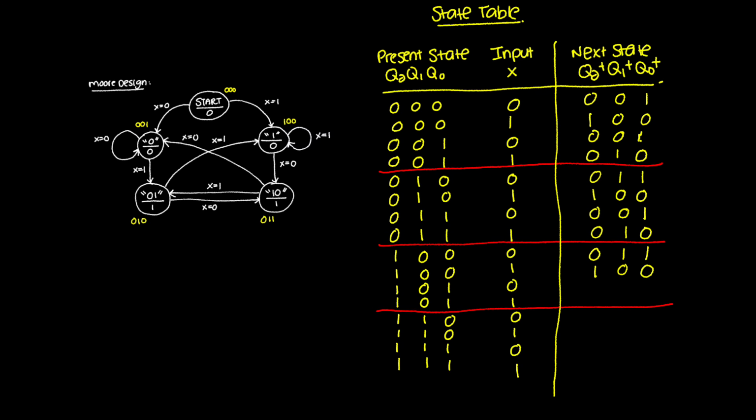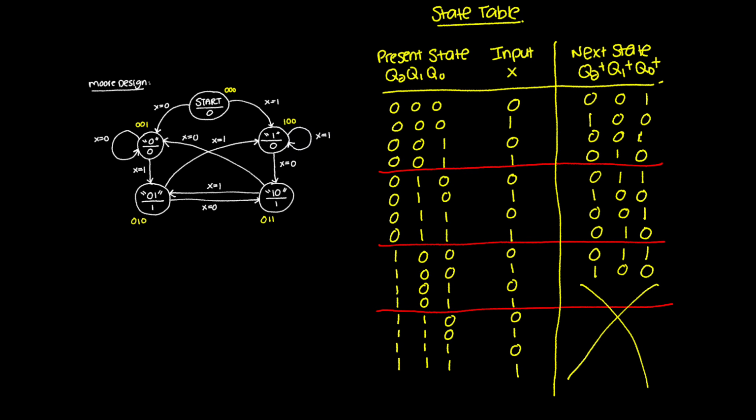And there is no state 1, 0, 1, 1, 1, 0, or 1, 1, 1. So I just write a big fat X over here. And I'm going to leave these as don't cares. Even when I do my excitation table and my control logic, I can just leave these as don't cares, provided that I have a means of setting my circuit back into the start state.